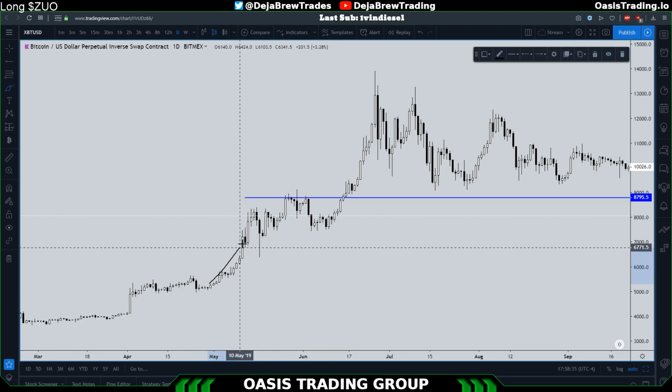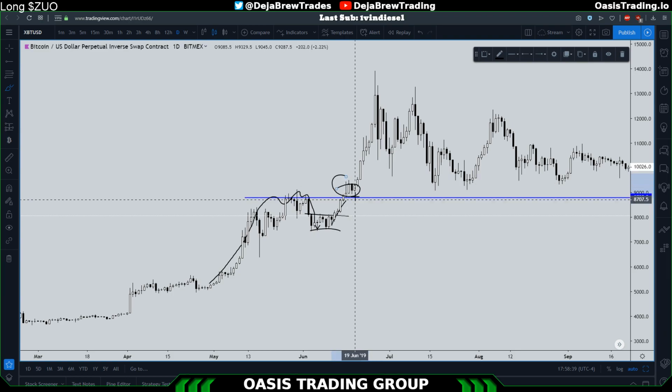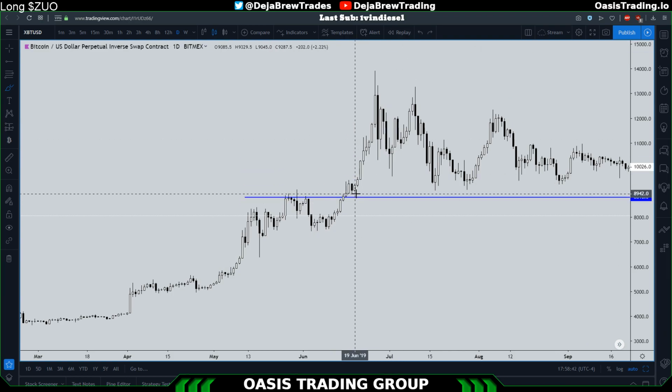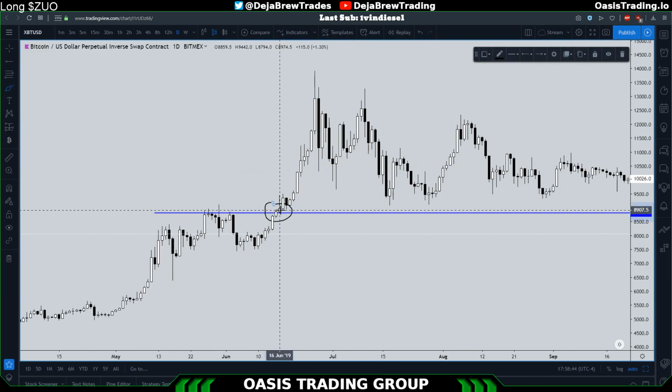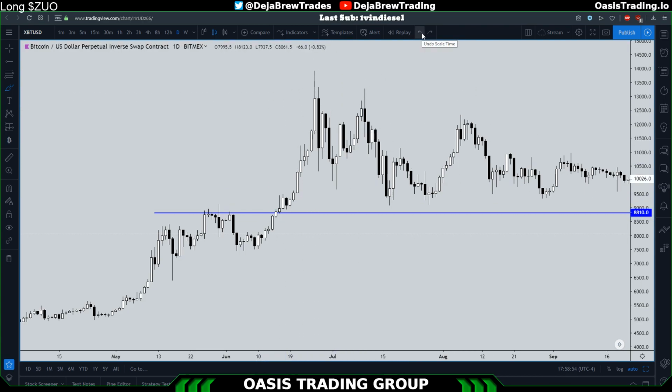Let's say I saw this resistance come in here, I saw this nice accumulation, and I wanted to trade the breakout. So instead of taking the breakout trade full size immediately, I'm going to take, let's say, half size on the break, and then I'm going to build into it as it goes in my favor.